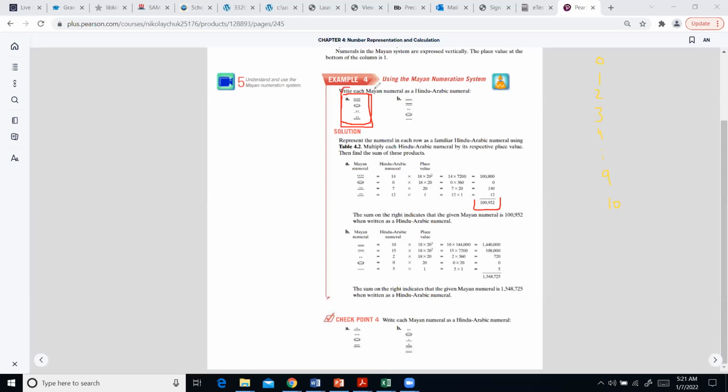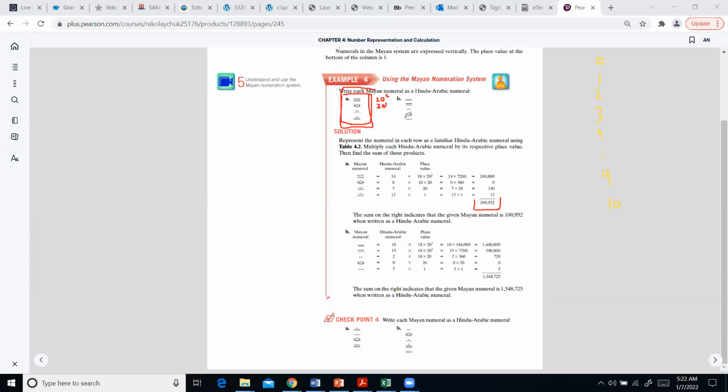Well, it turns out that we're dealing here with base 20. So the first digit, the one on the top, will deal with 20 raised to the power of 2. Base 20 means we have various powers of 20. So the next digit is dealing with 20 raised to the power of 1, just 20.